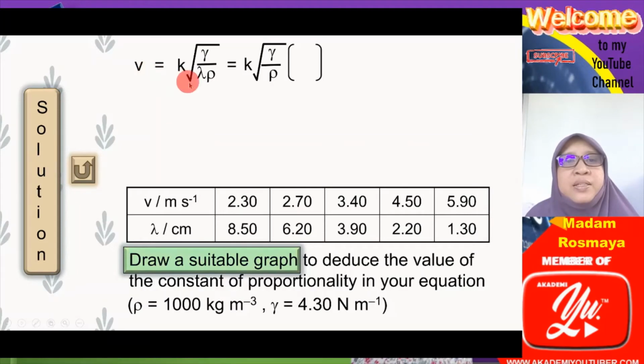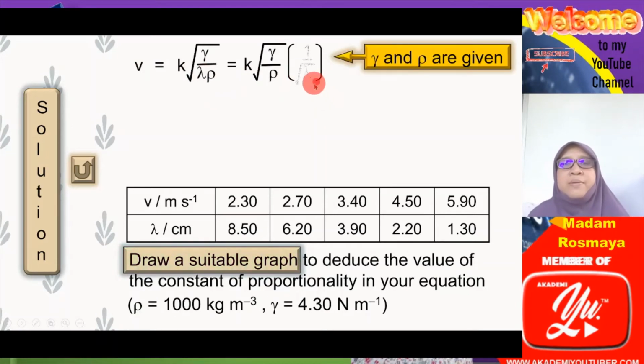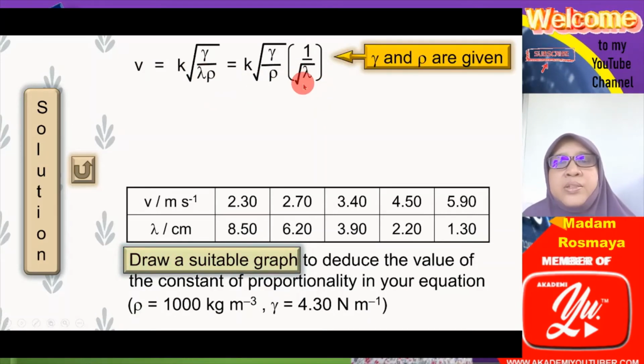The rest, k, gamma and rho, are constant. So the lambda term is square root of 1 per lambda, so we can write it as 1 per square root of lambda.